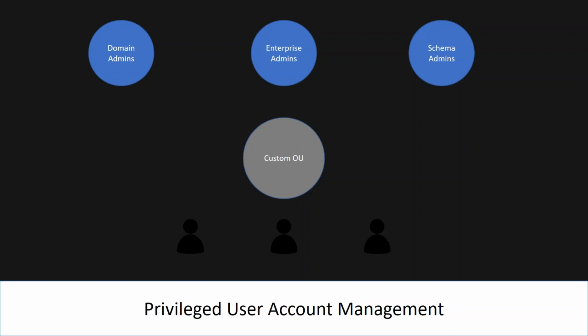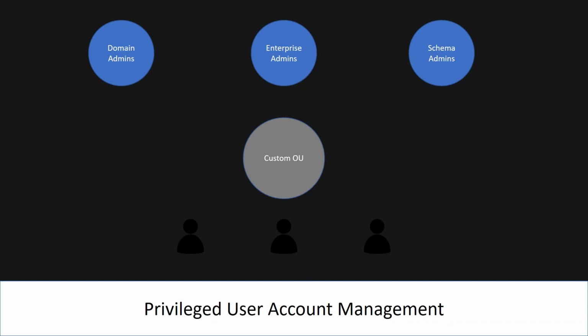So, of course, there are times when you will need to give your users that kind of access to a DC for whatever reason. And why these three particular groups and not any of the others? Because these groups, first of all, give a lot of access that you might require to do something in particular. And these are the only three groups that can be moved into a custom OU.